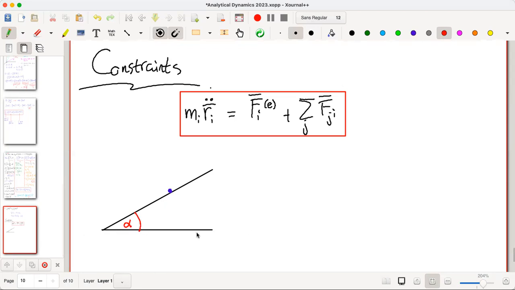So this is basically the motion of a particle on an inclined plane. This is a very simple Newtonian problem. You solved it even in high school.